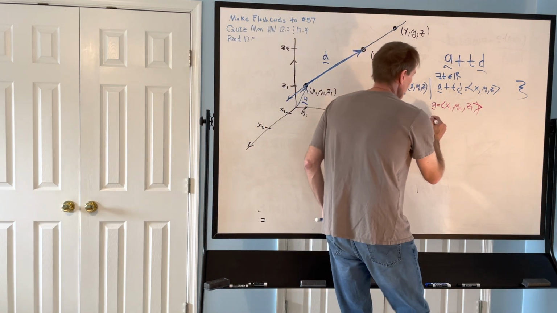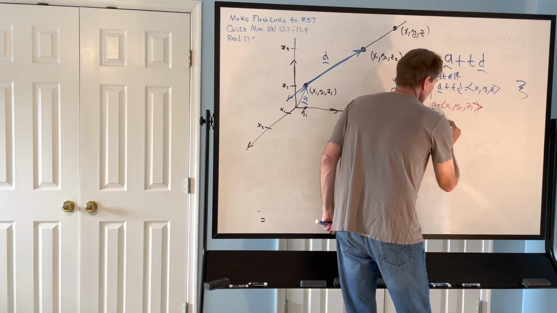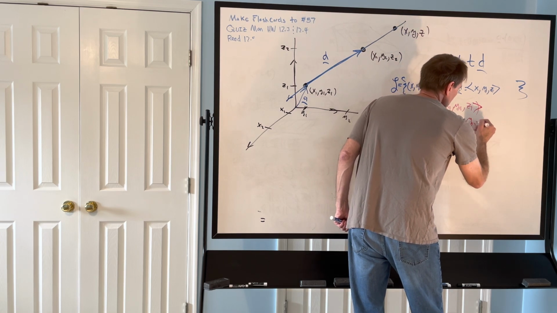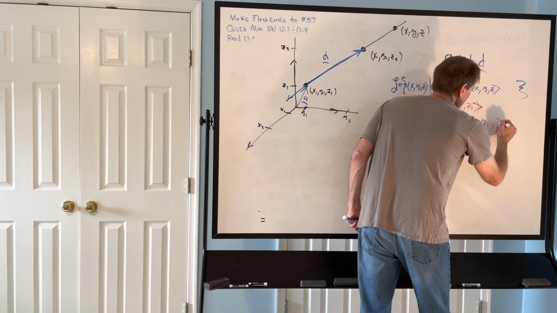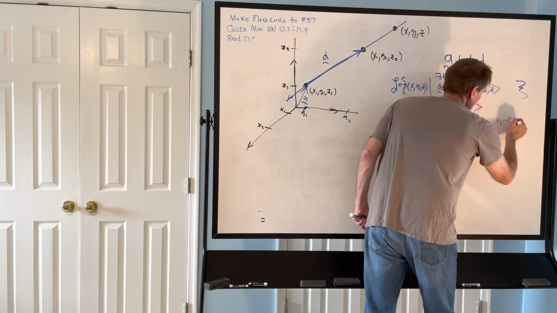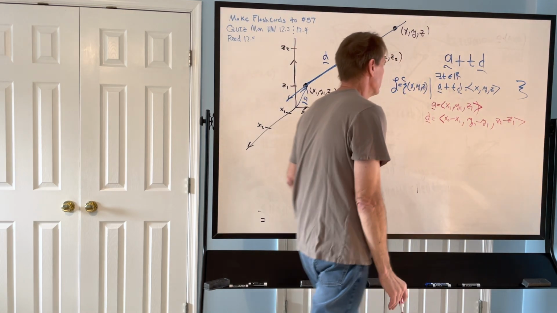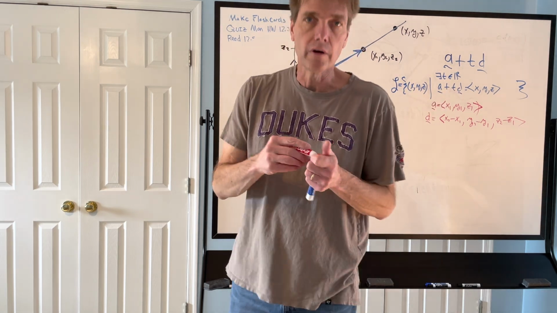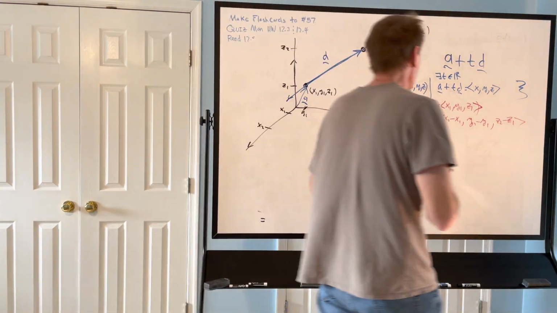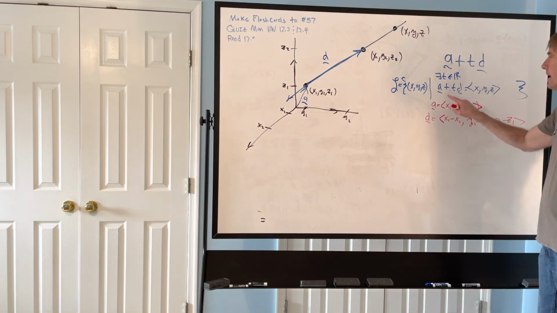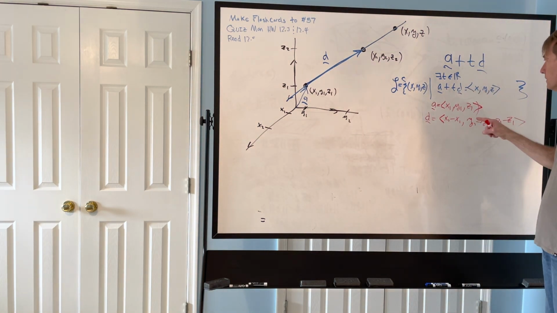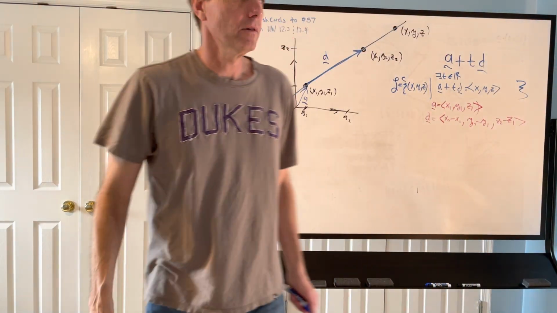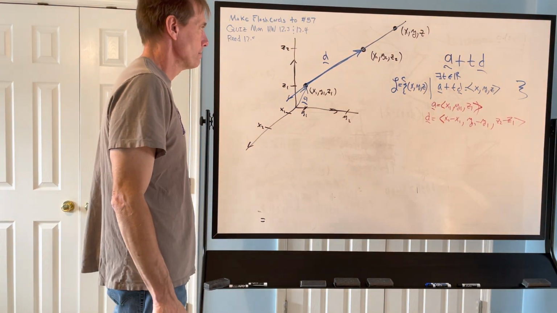So my D would just be x2 minus x1, y2 minus y1, z2 minus z1. And then if I plug those in there, anything that would satisfy A plus TD equals xyz, that would be my form of the line.